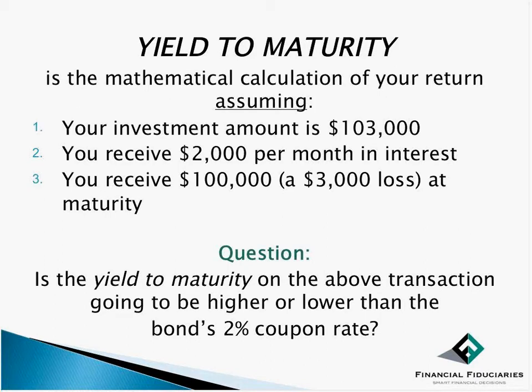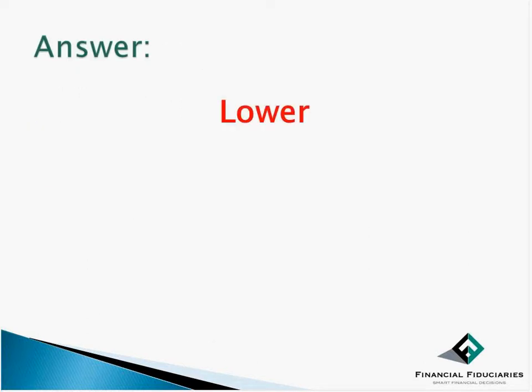So the question is, is the yield to maturity, taking these into account, going to be higher or lower than the bond's 2% coupon rate? And the answer is it's going to be lower.